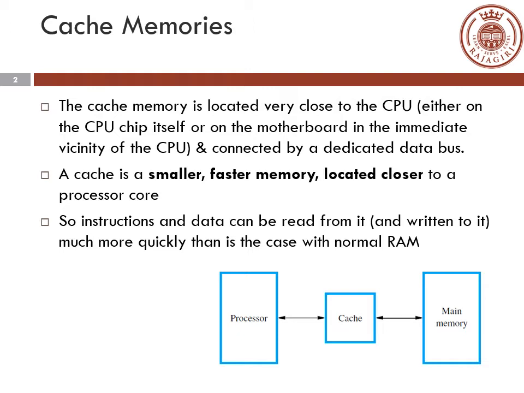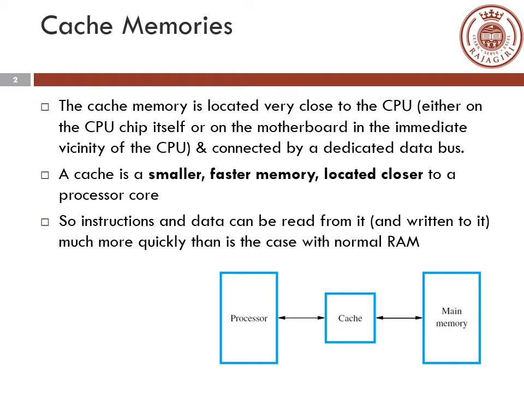So the instructions and data can be read from it or written to it much more quickly compared to the normal RAM. The processor need not be aware of the cache memory. It will be normally accessing the data from the main memory, but internally the cache will help the entire system to speed up the operation.